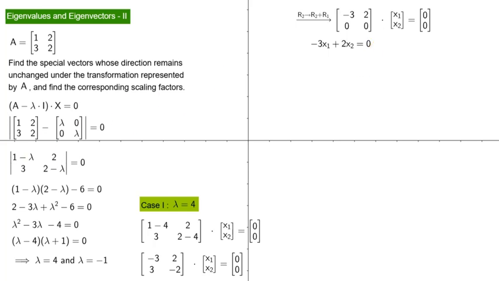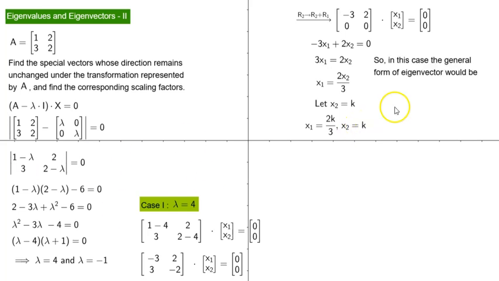We get minus 3x1 plus 2x2 equal to 0, so 3x1 equal to 2x2, x1 is equal to 2x2 by 3. So here x2 is the free variable. Let x2 equal to k. Then we get x1 equal to 2k by 3 and x2 equal to k. So in this case, the general form of the eigenvector would be (2k by 3, k).